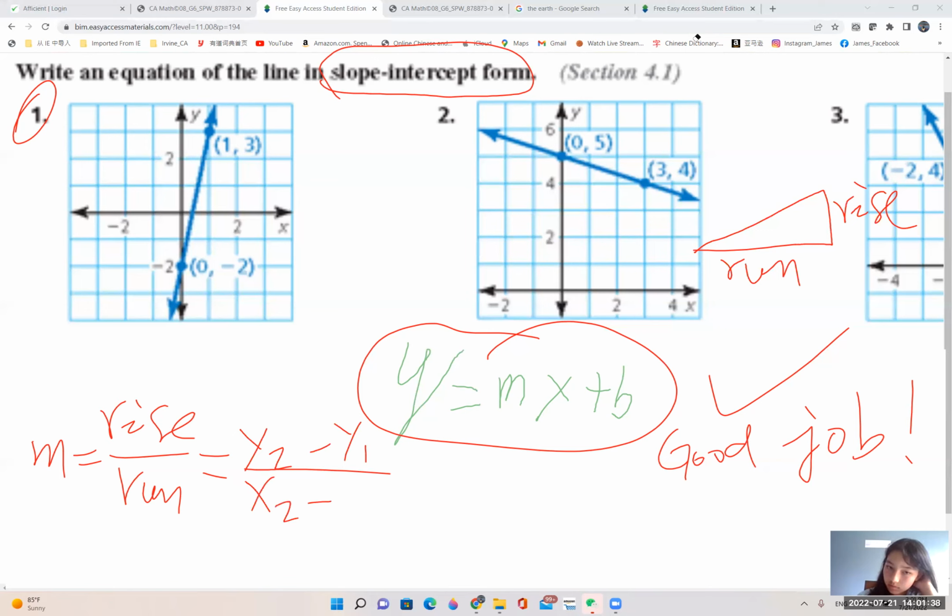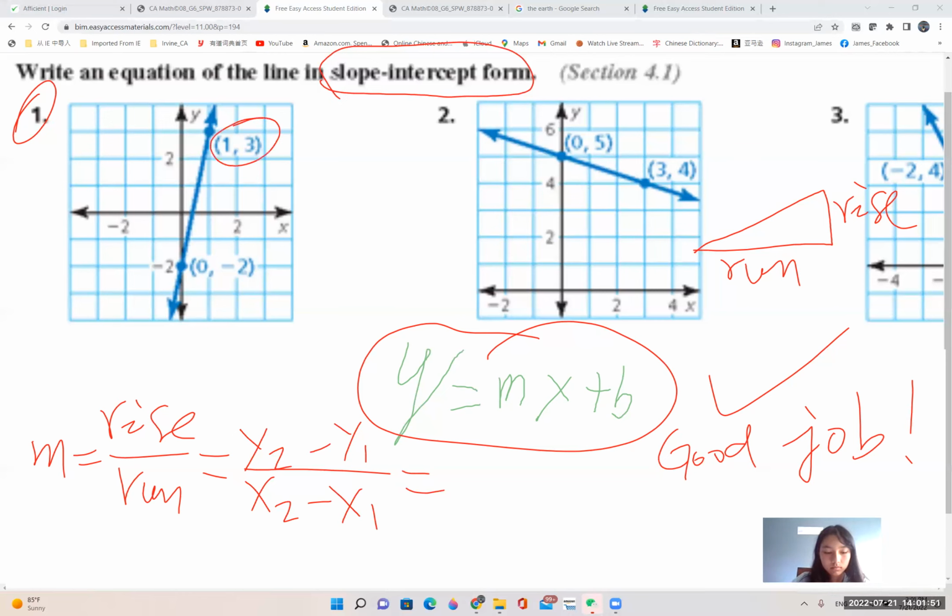Run is x2 minus x1. So have the formula first, then calculate it. To save time, let me do it. You take this as (0, -2) and this as (1, 3). Then you have 3 minus -2. For x, it means 1 minus 0. So this just equals 5, right?